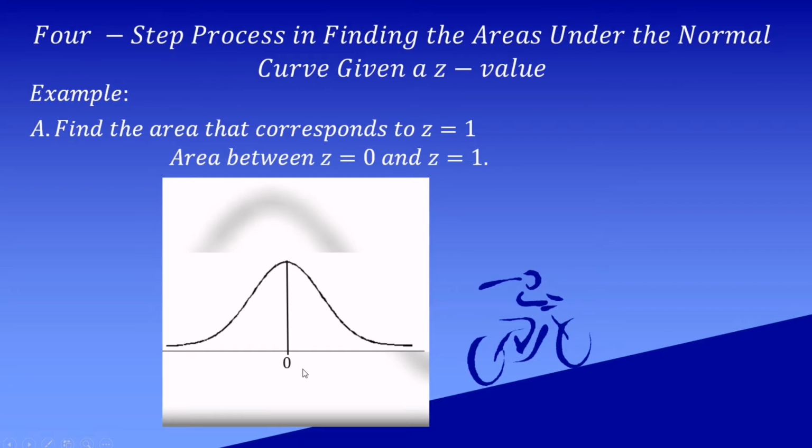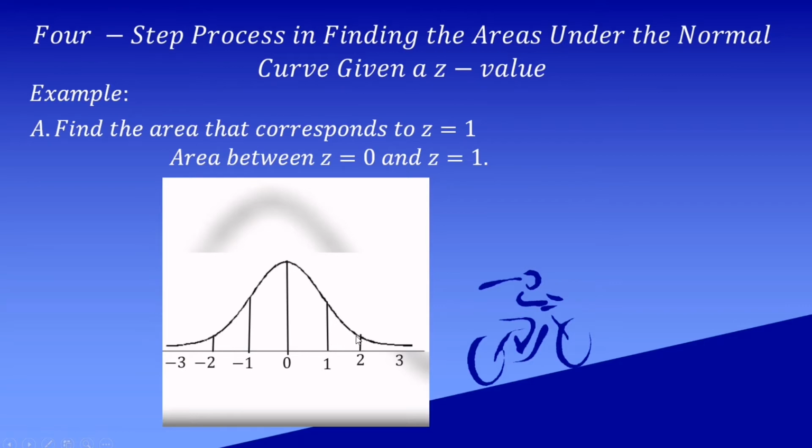This is the center of the normal curve, 0, which is our mean, and the standard deviation is 1. These are the z values associated with the areas under the curve. The area between z equal to 0 and any point to the left is equal to the area between z equal to 0 and any point to the right. So both sides are equal.